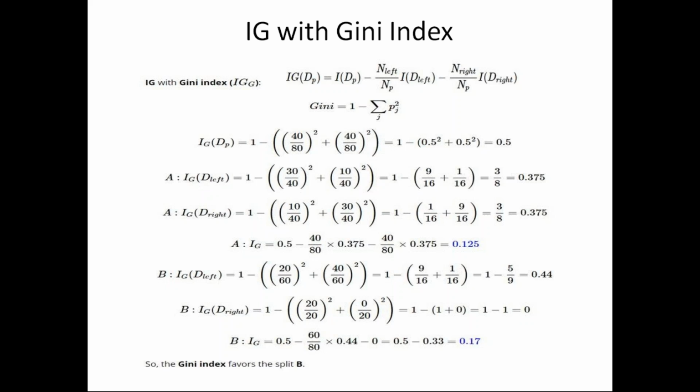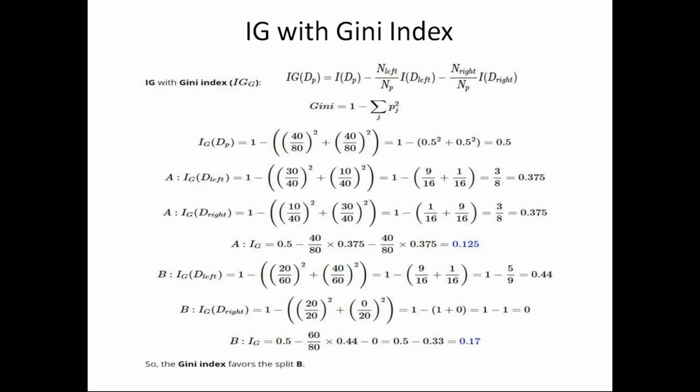Information gain tells you, with the help of Gini index only, on which feature you should try splitting. So with A feature you are getting some information gain, for B feature you are getting some information gain. You must go with that feature which has the highest information gain.